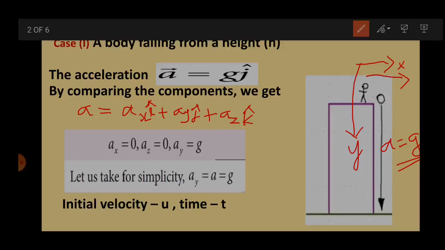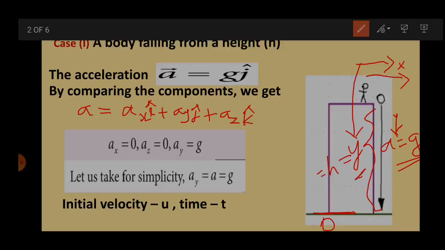The downward direction is along the y-axis, and the height is h, which is the y value, so h is equal to y, and the ground is the origin 0. The object moves toward the ground along the y-axis, where height h is equal to y.